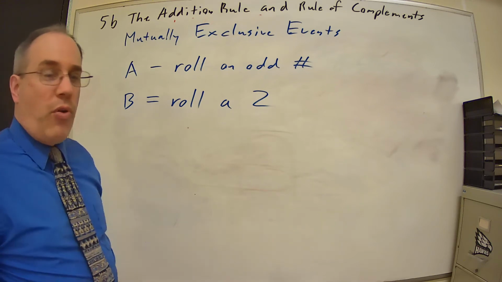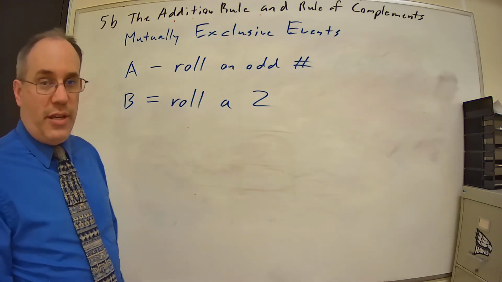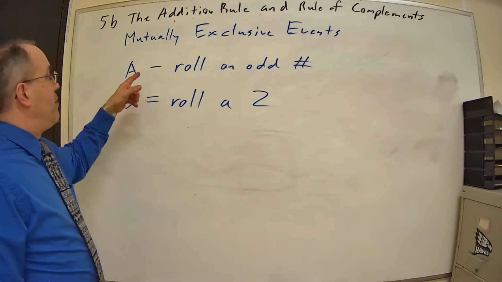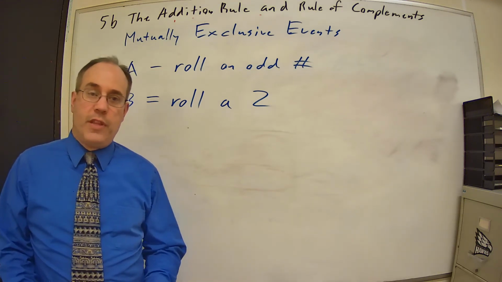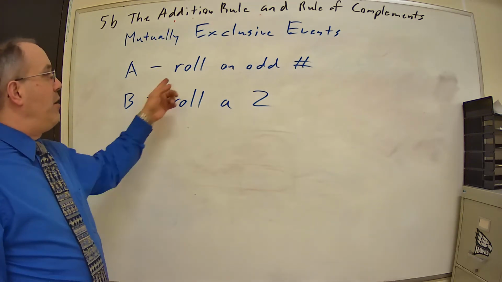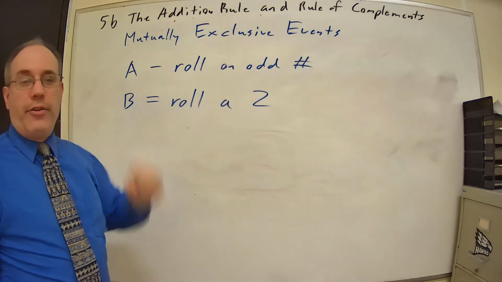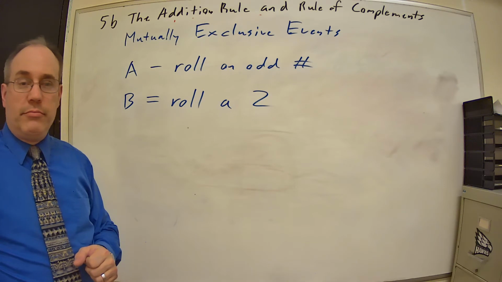If I roll a die once, can both events A and B occur at the same time? Well, 2 is not an odd number.